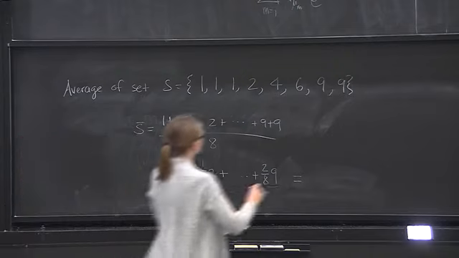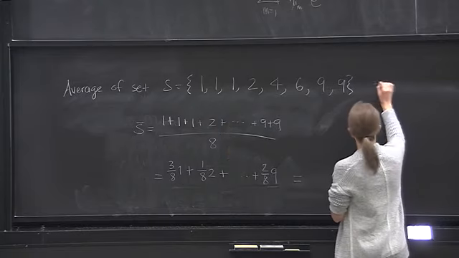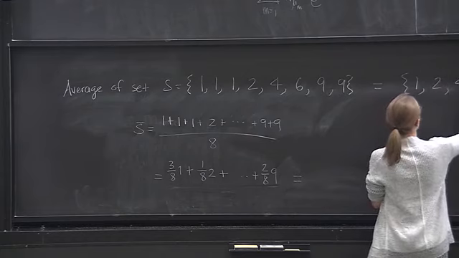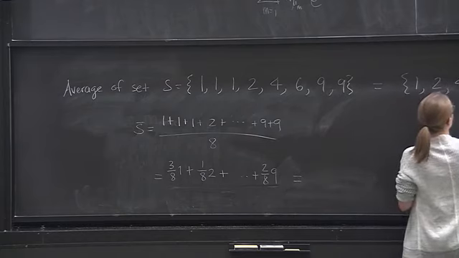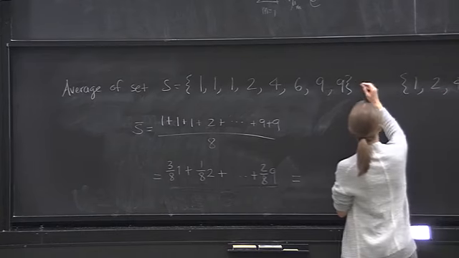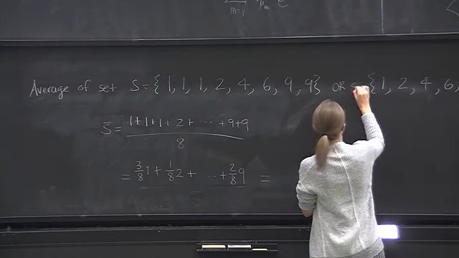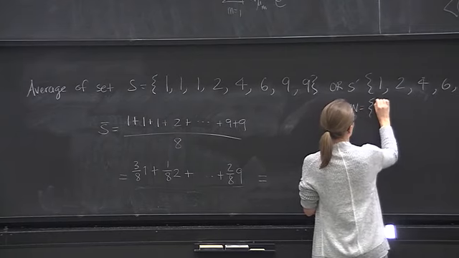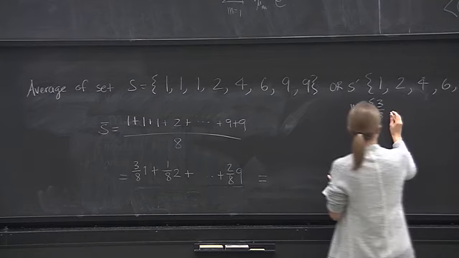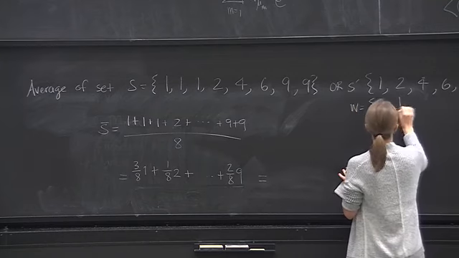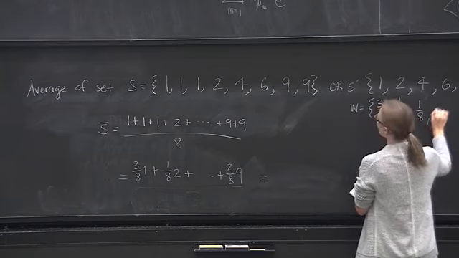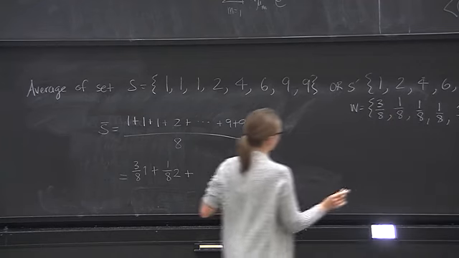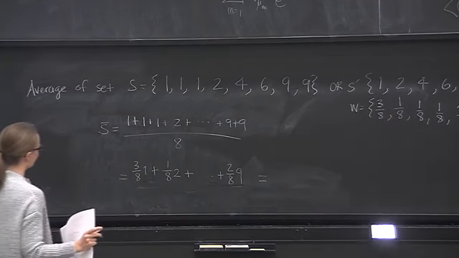I can think of this instead as a set with just the unique elements, 2, 4, 6, and 9. The weights here would be 3 over 8, 1 over 8, 1 over 8.